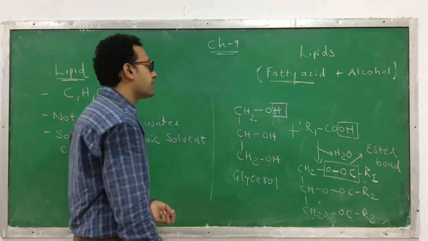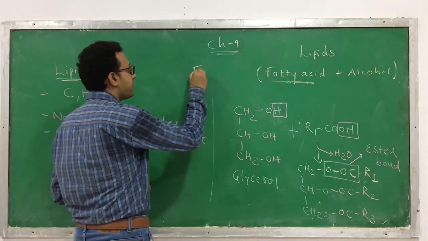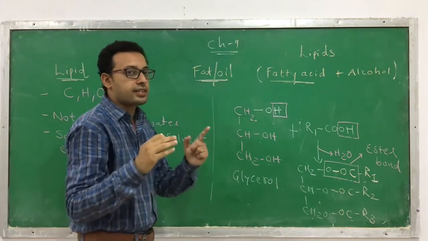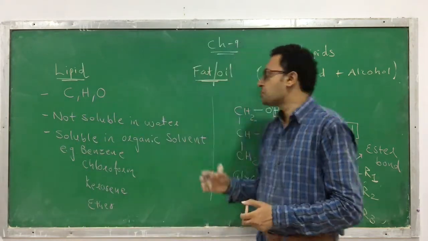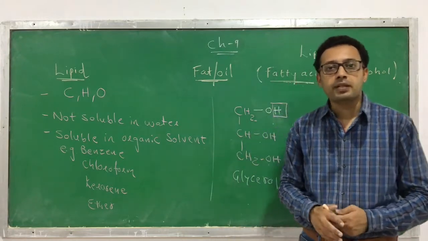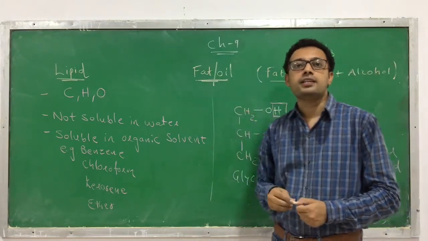And the usual examples of triglycerides are fat and oil. Fat and oil are triglycerides. The difference between fat and oil is that fat is a solid at room temperature, while oil is liquid at room temperature.